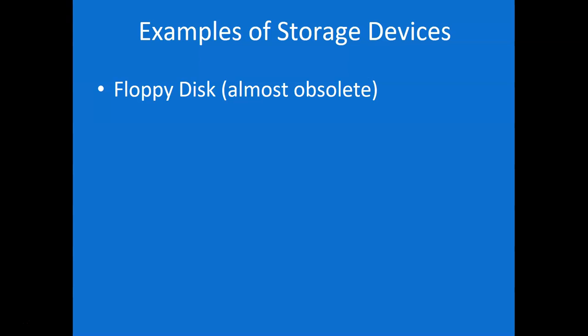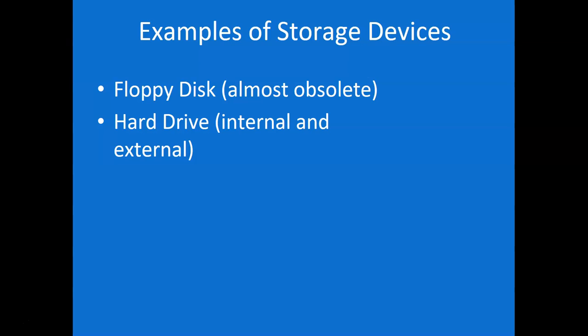So examples of storage could be a floppy disk, almost obsolete. Obsolete means not used. A floppy disk was the very first form of a USB or a flash drive, and a hard drive sits outside of the computer, okay? So it's internal and external, meaning that you can have one inside the computer, but you can also have one outside of it.